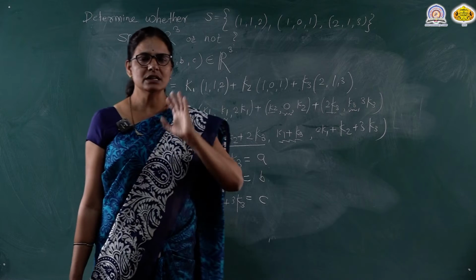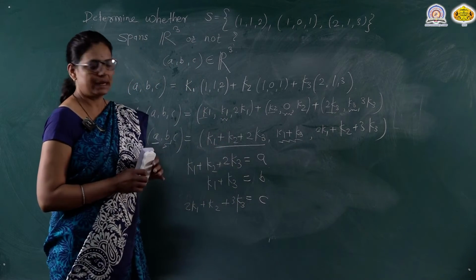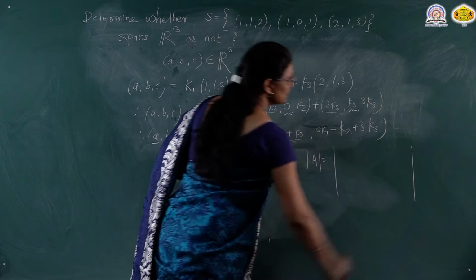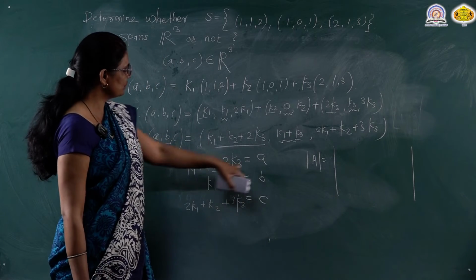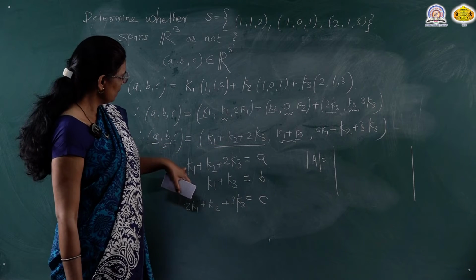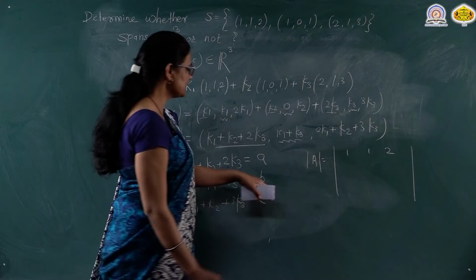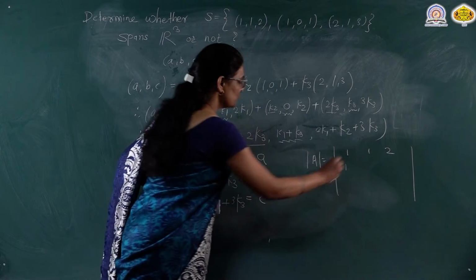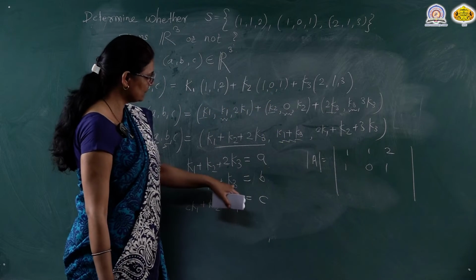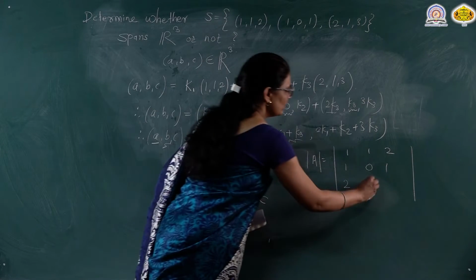Since in this system there are 3 variables and 3 equations, we find the determinant of the coefficient matrix, which we denote A. In the first row we write the coefficients of K1, K2, K3 from the first equation, which are 1, 1, 2. From the second equation, the coefficient of K1 is 1, K2 is absent so 0, and the coefficient of K3 is 1. Do the same for the last row: 2, 1, 3.